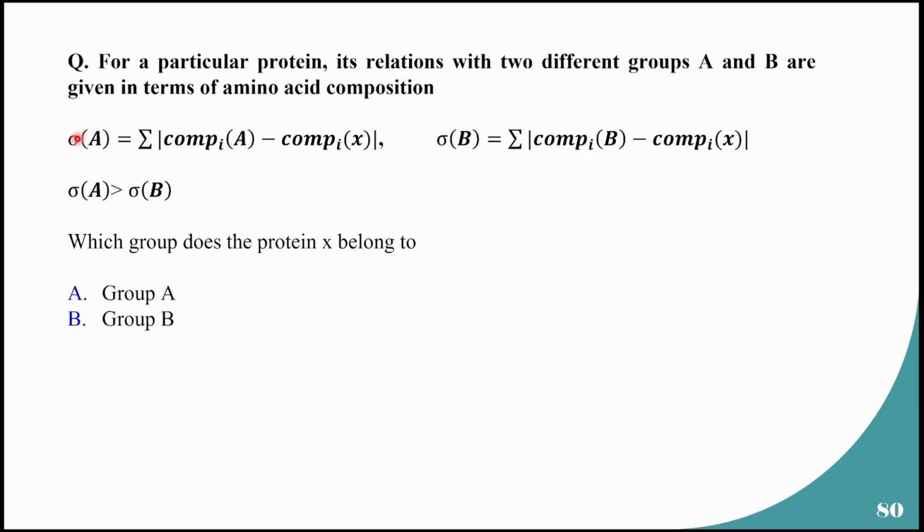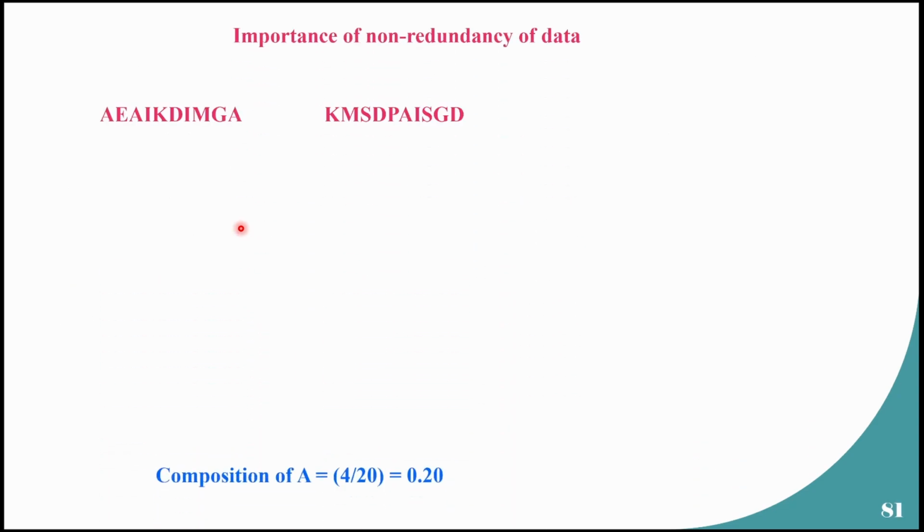Where the deviation is larger, that means it is more distant; where the deviation value or the parameter is smaller, that means it is closely related. So in this case, based on the composition, option B or group B is closely related with the unknown protein, basically. This type of analytical question you can also get.